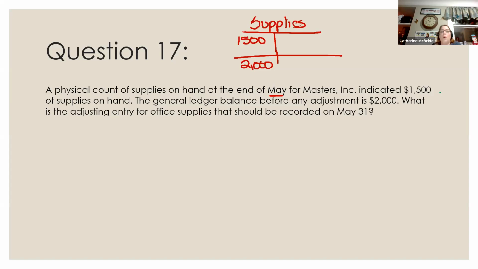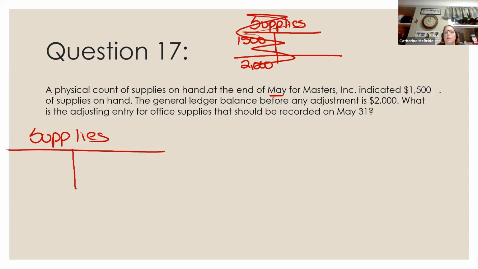Oh, I know what I did. I did it backwards. The general ledger balance before any adjustments is $2,000. At the end of May, I counted the supplies and I have 1,500. How did I get from 2,000 to 1,500?